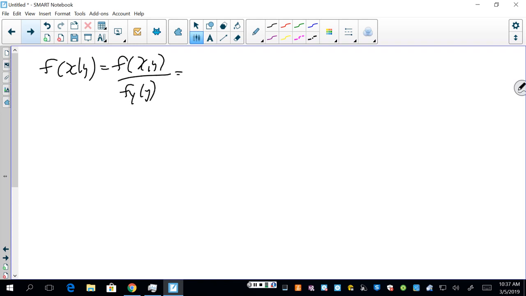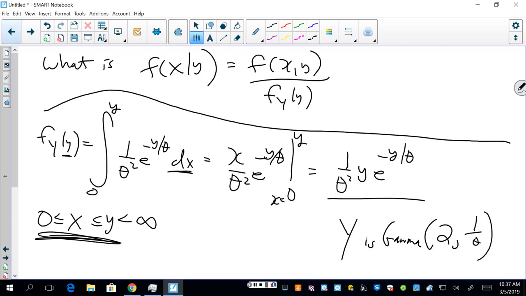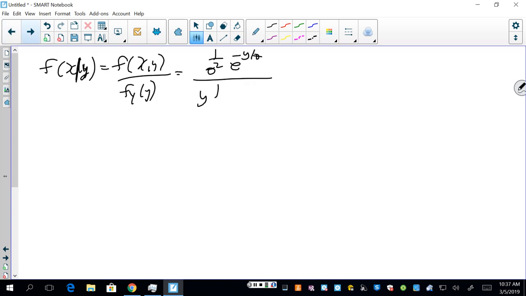The joint density f of x,y is 1 over theta squared e to the negative y over theta. In the denominator it was 1 over theta squared, with an extra y term, and e to the negative y over theta. And this ends up just being 1 over y as a density.